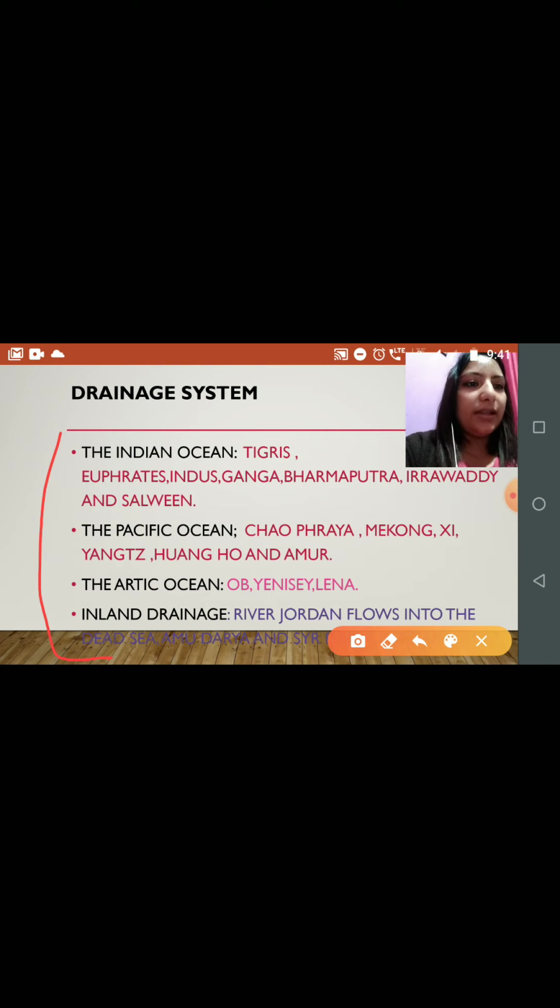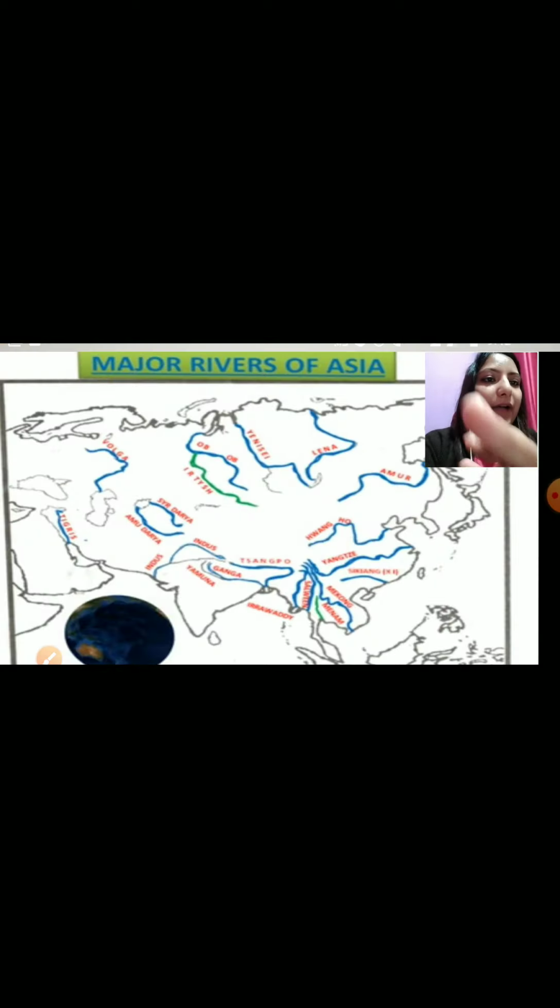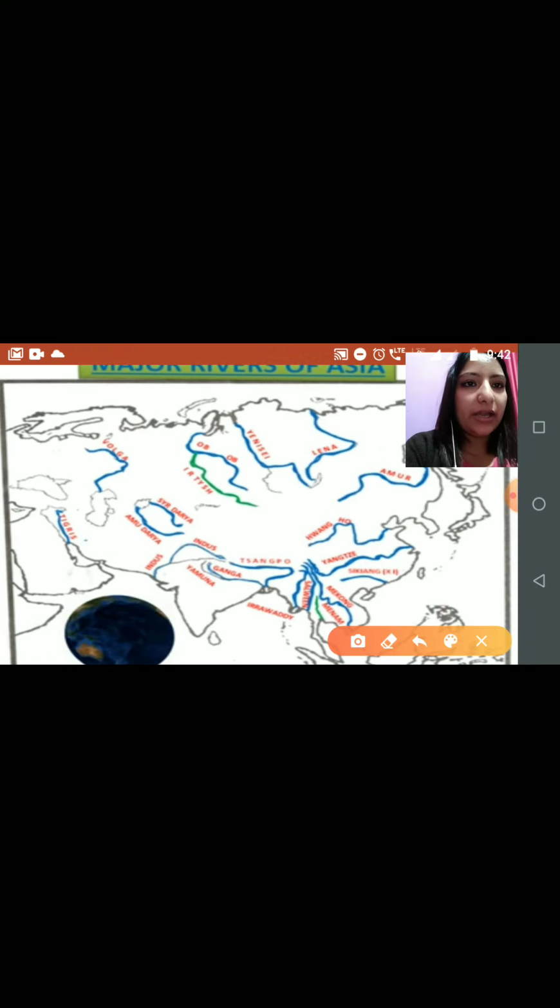Okay, and in the map also you can see the pictures of these rivers. Some I have already shown you, and the remaining you can all search. Okay, this is all about the physical divisions of Asia. I hope you all have understood. And see here the major rivers once again.